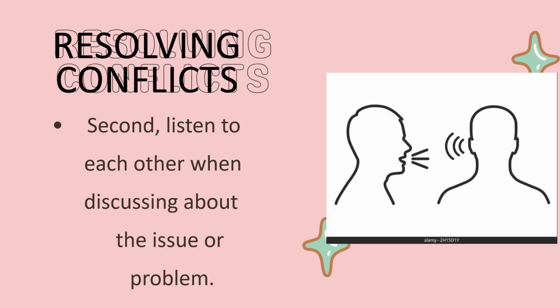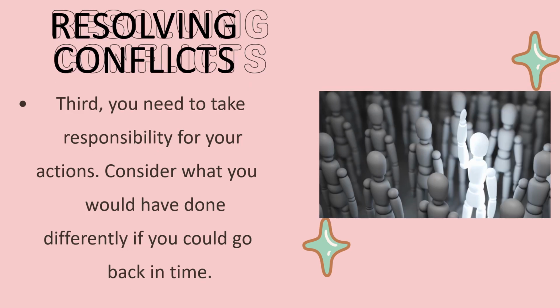The second thing to do is listen to each other when discussing the issue or problem. Third, you need to take responsibility for your actions. Consider what you would have done differently if you could go back in time.